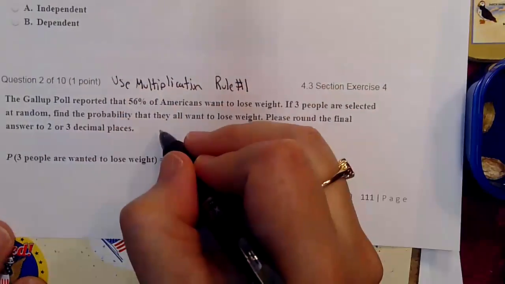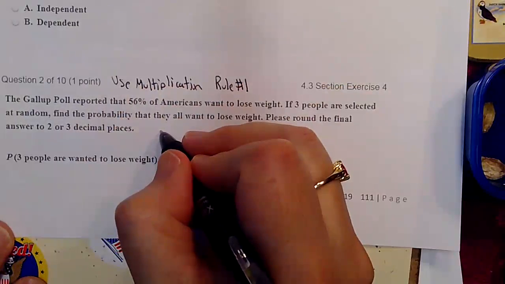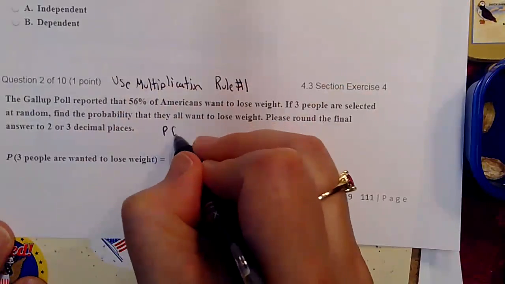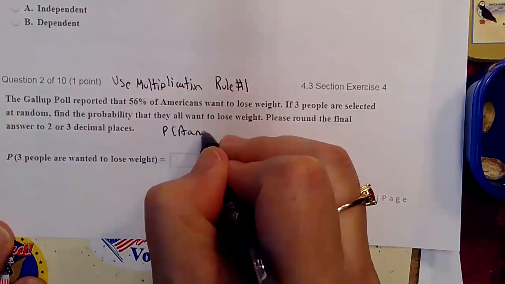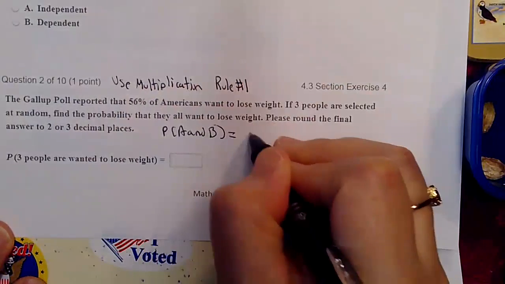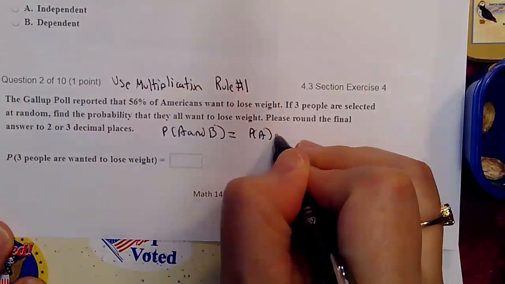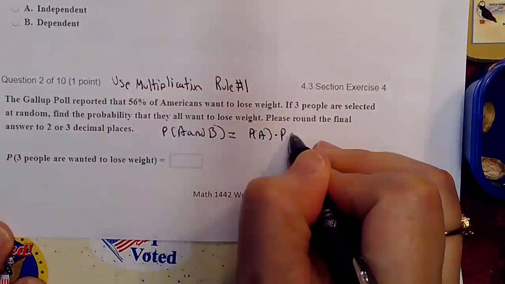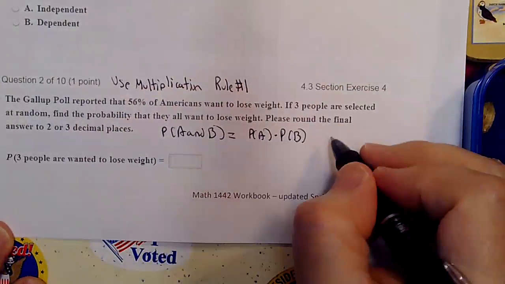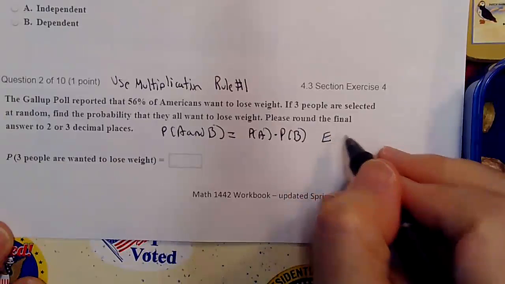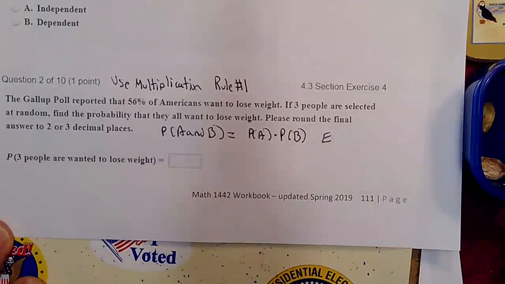And remember that property said the probability of A and B is equal to the probability of A times the probability of B, and remember, these are considered independent events.